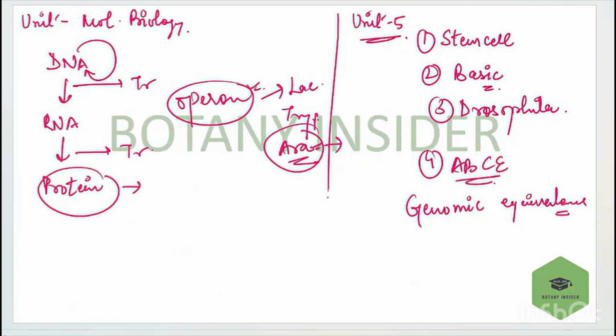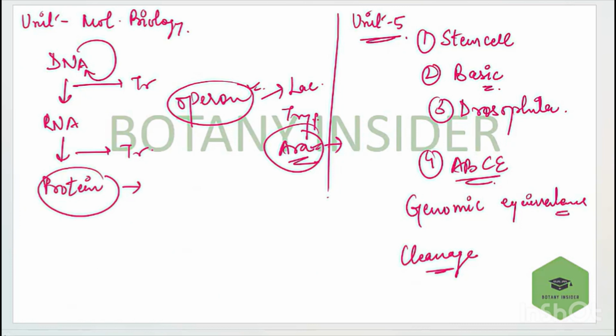Then you have embryo sac formation, double fertilization, which overlaps with unit number 9, diversity of life forms. Then the concept of cleavage, again very important. All these things hold good importance. You should be able to mark such answers if you have learned the things properly, right?